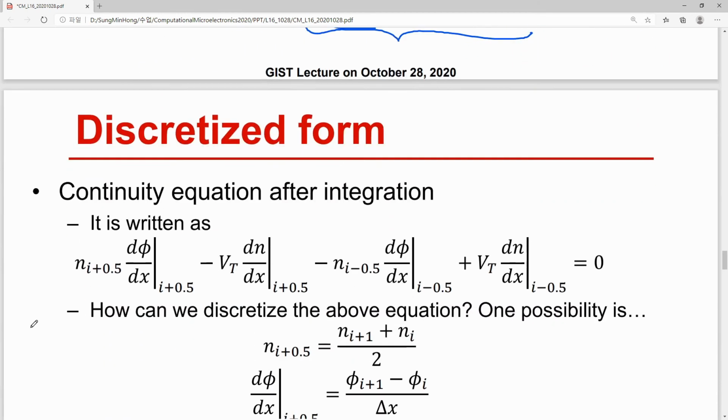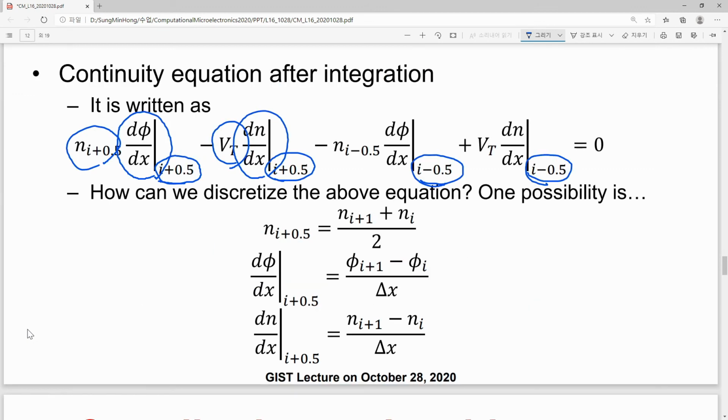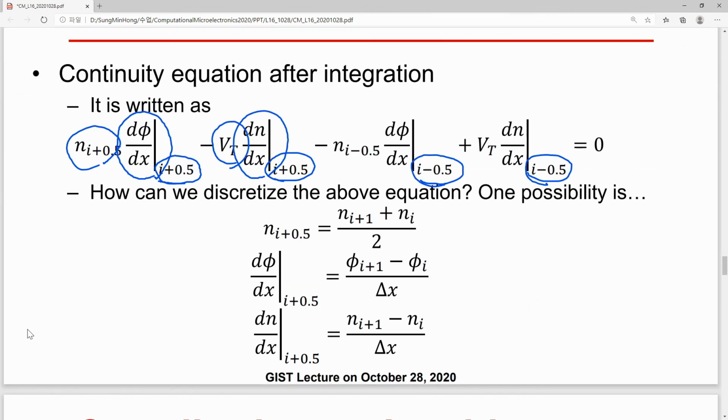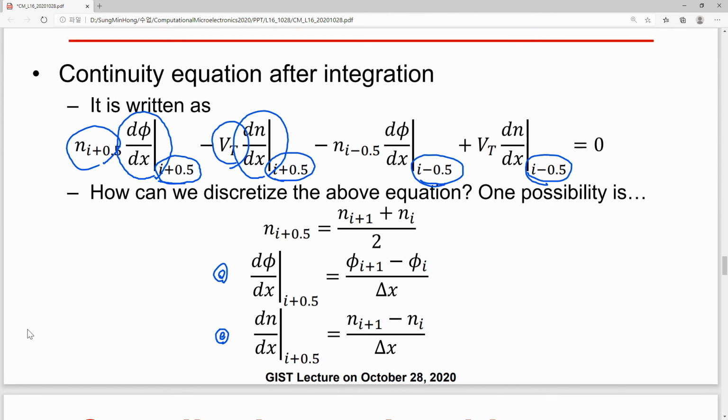Our equation now becomes n times d phi over dx minus thermal voltage multiplied by dn over dx, evaluated at the upper bound minus the lower bound. Yes. And as I told you before, these first derivatives can be well approximated as just finite differences.